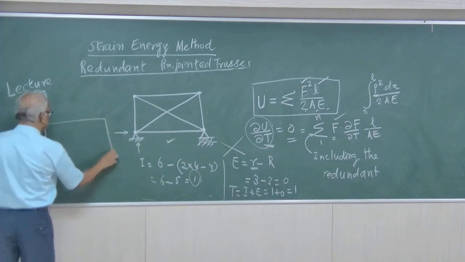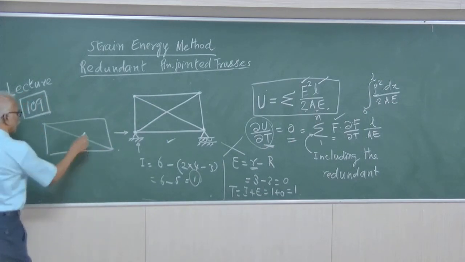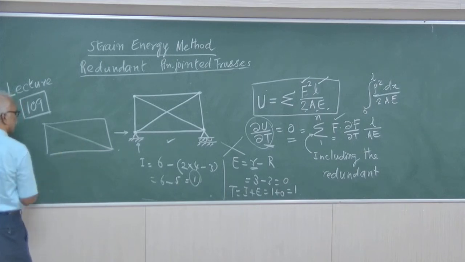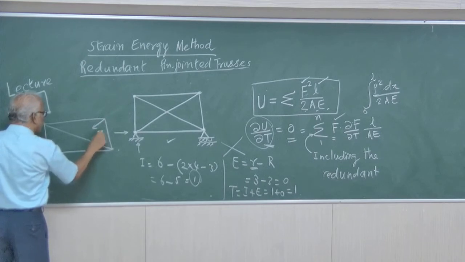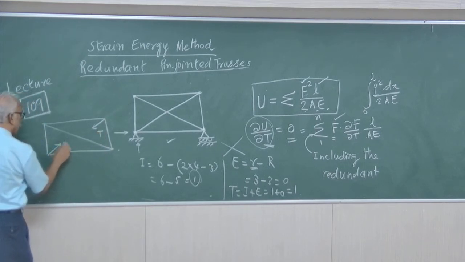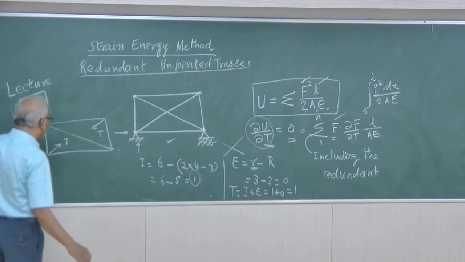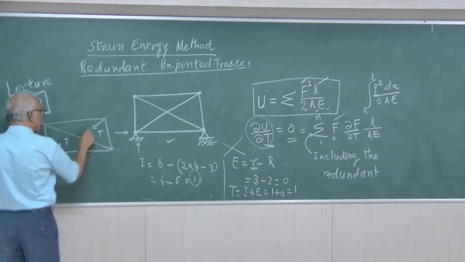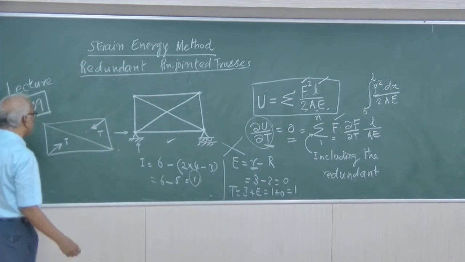Suppose this is the truss given, this is the determinate truss, I have removed this member, then along the removed member you apply a force equal to T. This is in the strain energy method. Remove the member to make it determinate. Along the redundant member you apply unit tensile force or unit compressive force.